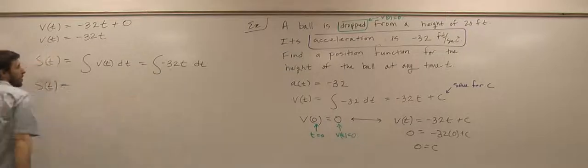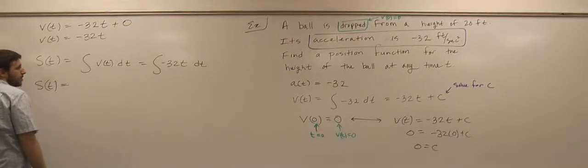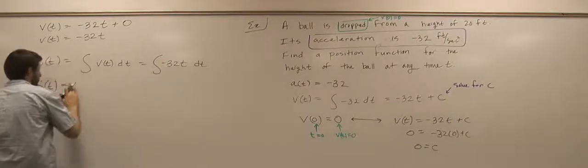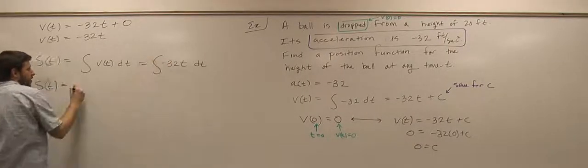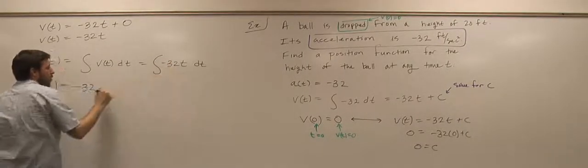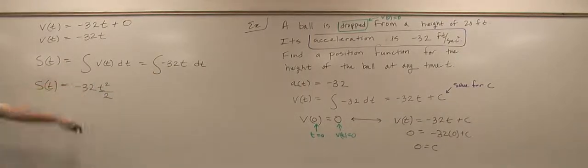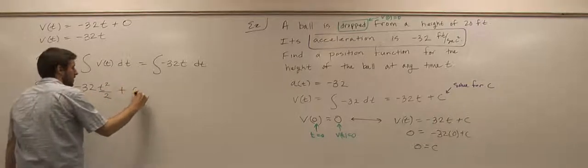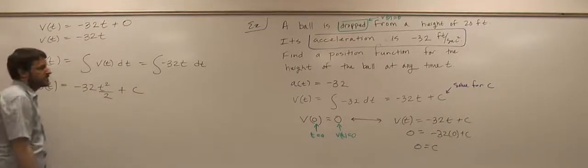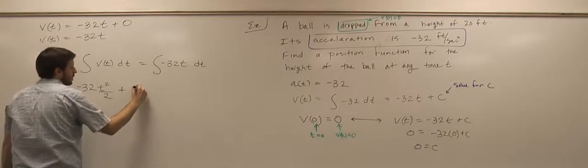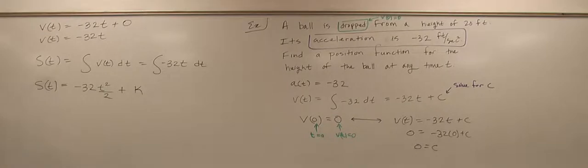What do I get when I do the integral here? Negative 16t squared, or if you want to be pedantic about it, leave the 32 alone, and then add 1 to the power on the t and divide by the same thing, right? That's our power rule. But you have to add plus C, a constant. This is a different c, so let me call it k. It's not the same because we got it from a different integration.